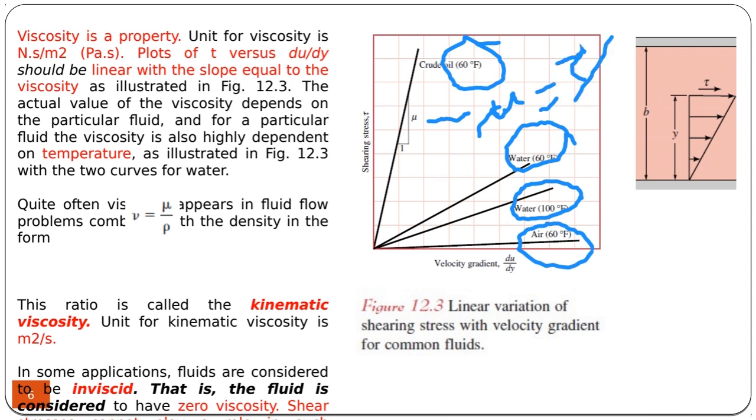The highest viscosity belongs to the oil at 60 Fahrenheit. Water at 60 Fahrenheit has a smaller slope. Slope means the viscosity. Water at 100 Fahrenheit has less viscosity than water at 60. And air has the smallest viscosity.